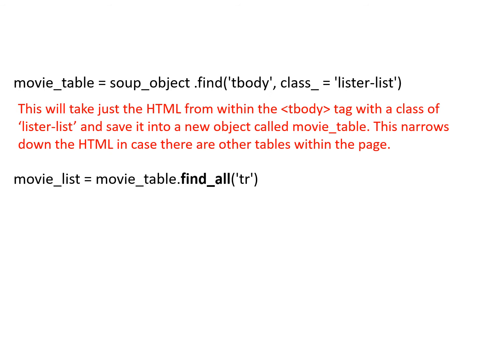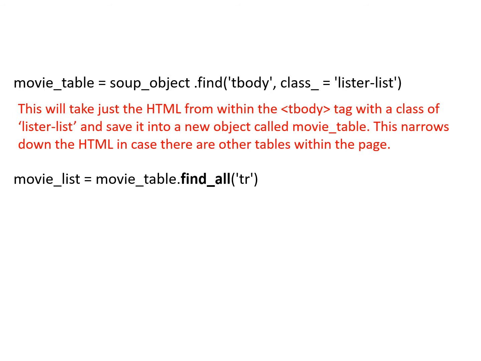Now I need to take all of those TRs and compile them into a list, because I don't want just this big long HTML code. I want to organize it and take each TR and look at it as a separate entity, as a separate movie. So we can use this function called find all.